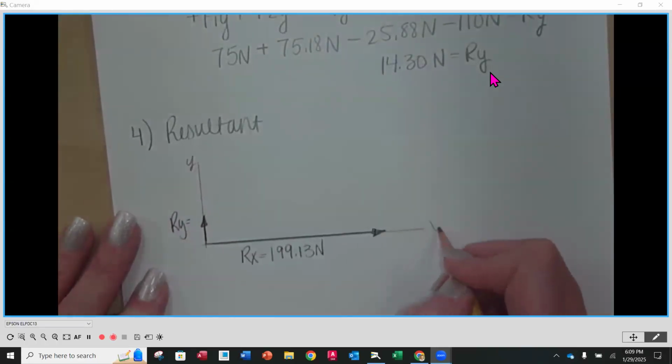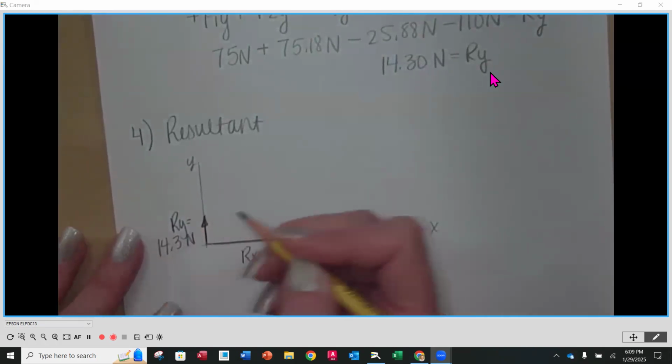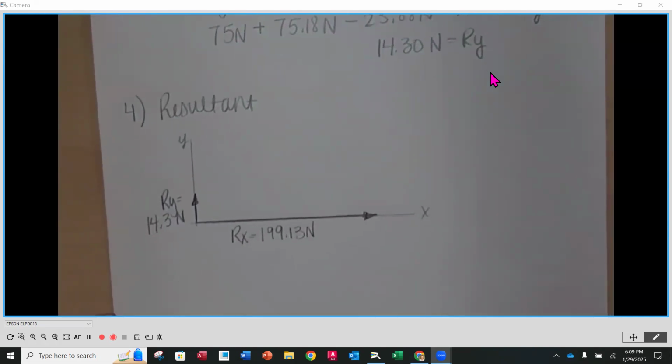This is Y, this is X. And that is 14.3 newtons. You have to draw this diagram. This lets me know that you understand what you just calculated means. Putting the arrowheads on and the directions is really important. And again, if I would have a negative value for either one of those, then I would be drawing it in the opposite direction.